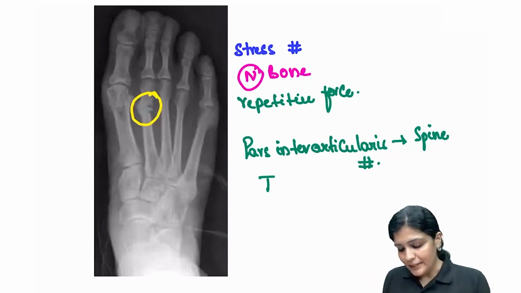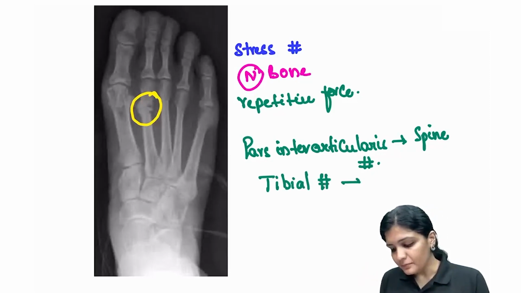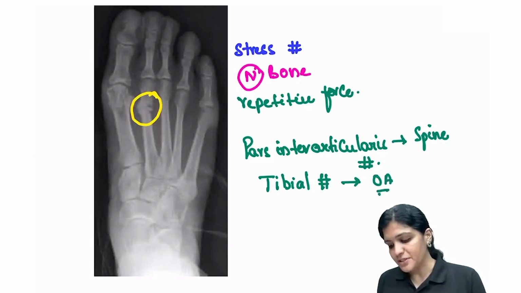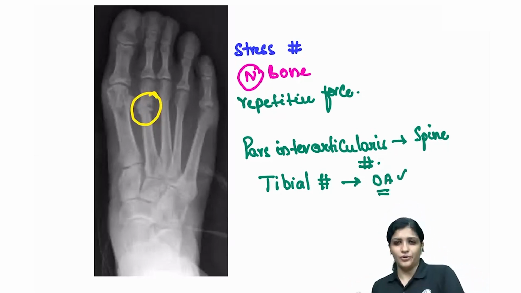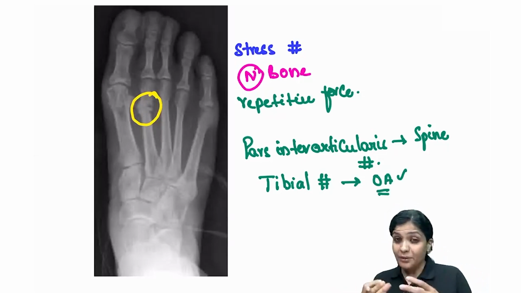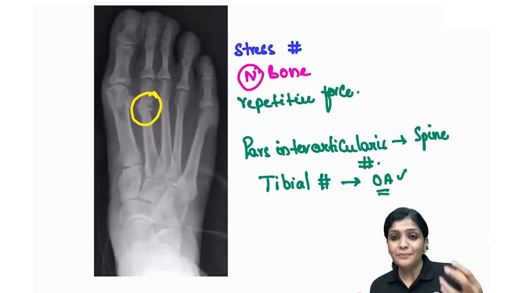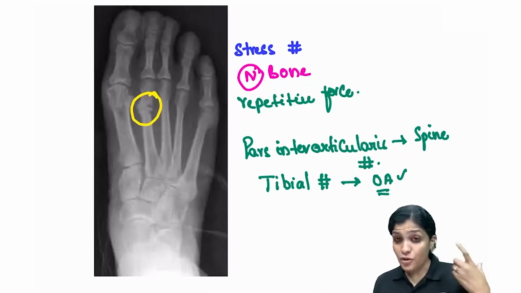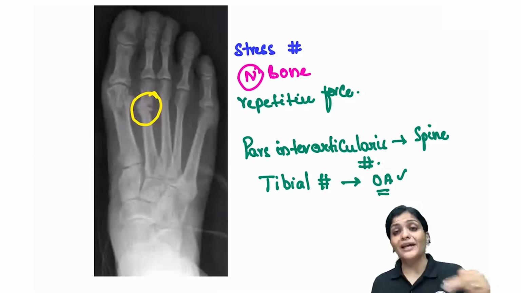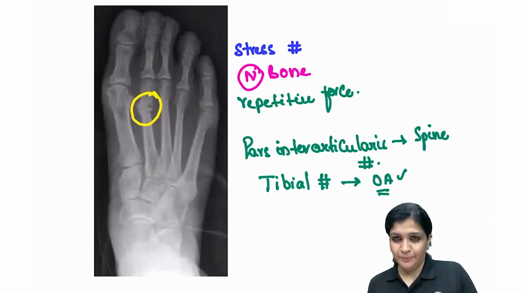And another one is the tibia fracture. In case of osteoarthritis, whenever the patient is neglecting the osteoarthritis, initially there will be a varus deformity, and then this might also result in a tibial fracture. Usually the junction of the proximal and the medial tibia fractures can be seen in an osteoarthritis patient, which is also an example of a stress fracture, right?